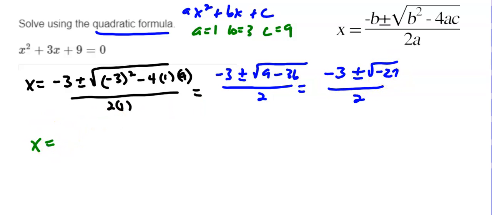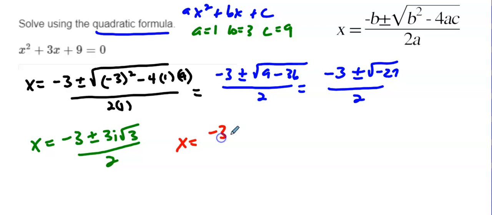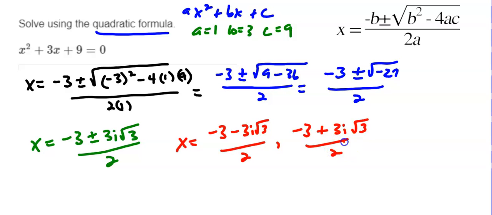So x is equal to negative 3 plus or minus 3i square root of 3 over 2. So if I had to write it in an expanded form, I would just write x is equal to negative 3 minus 3i square root of 3 over 2, comma, negative 3 plus 3i square root of 3 all over 2.